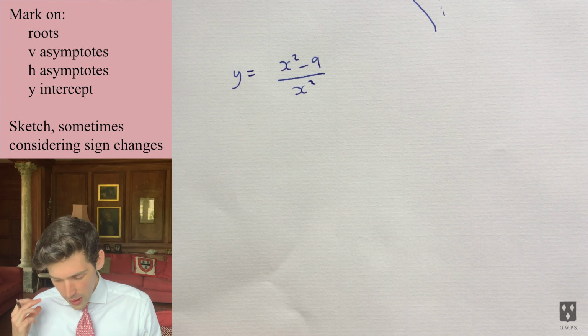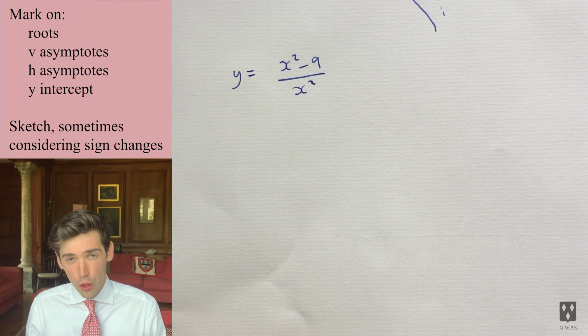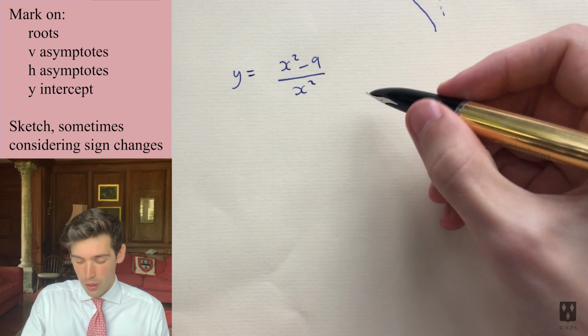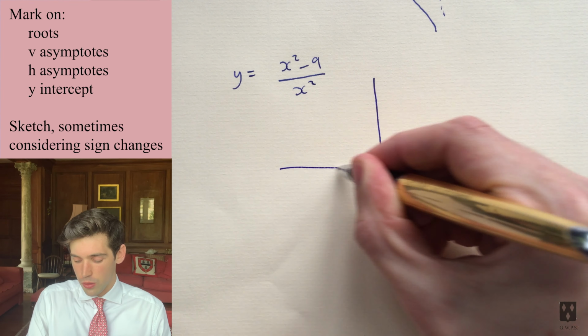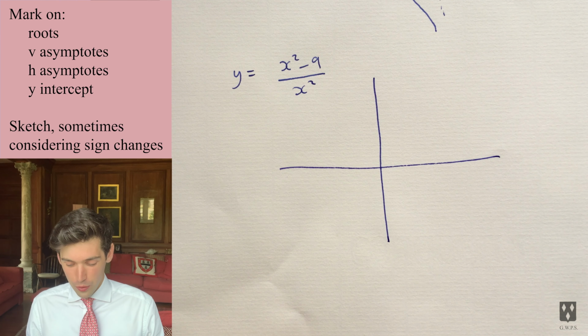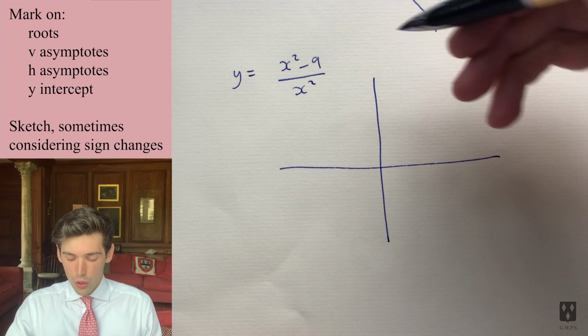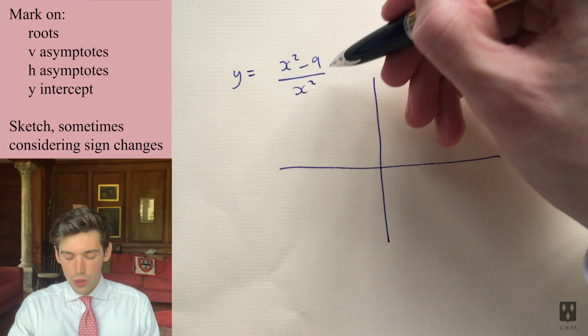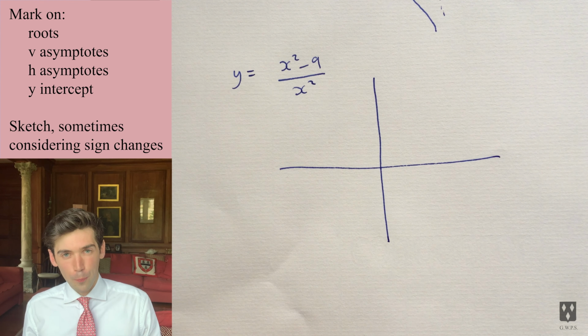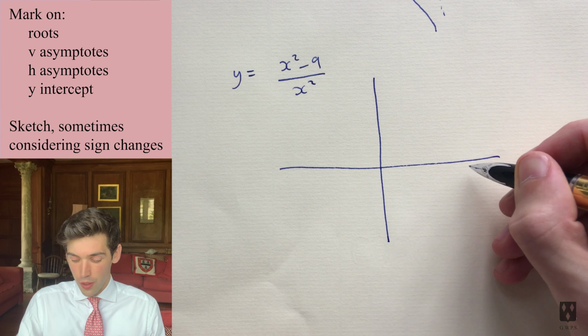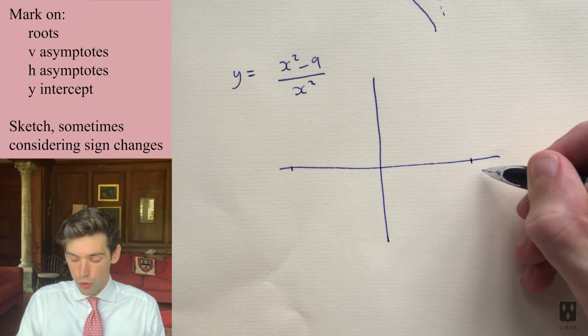Yes, just. And so it looks a bit harder, but again, follow the same principles and draw the axis. And so what we got, when is x squared minus 9 equal to 0? And it's going to be plus or minus 3. And those are going to be our roots.